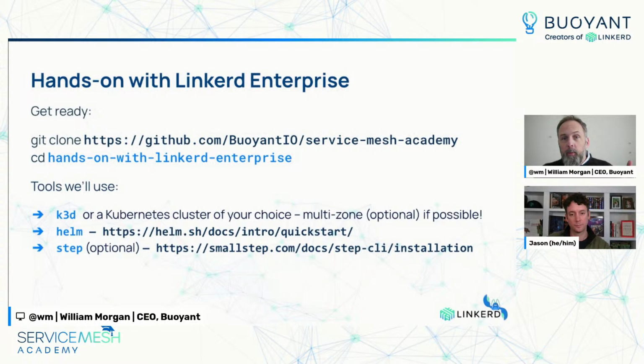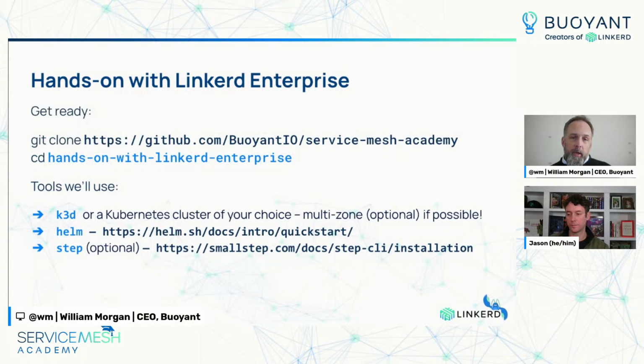If you want to play with the fancy zone-aware routing features, you're going to need a multi-zone Kubernetes cluster, and I think in this Git repo we have a K3D config that will allow you to spin up a multi-zone Kubernetes cluster on your own laptop, which is kind of crazy.